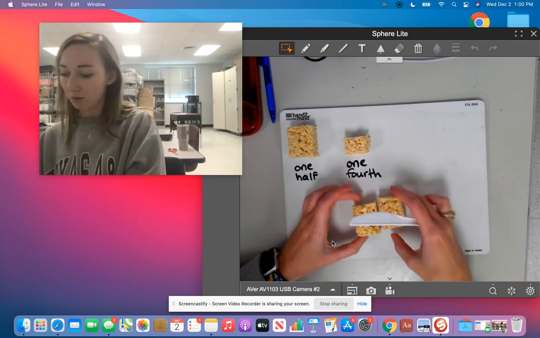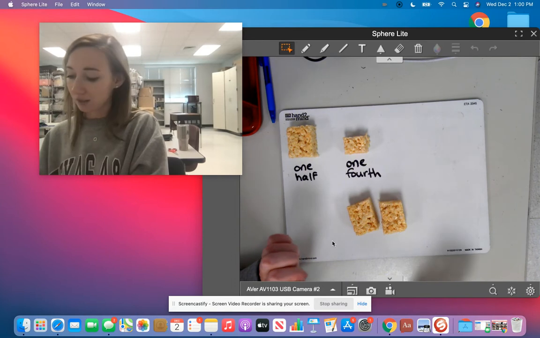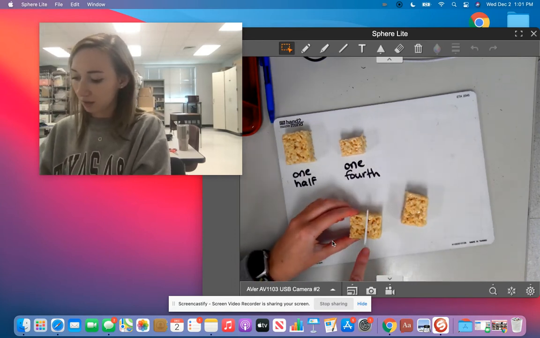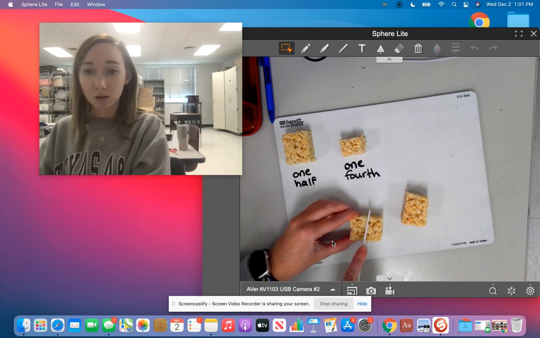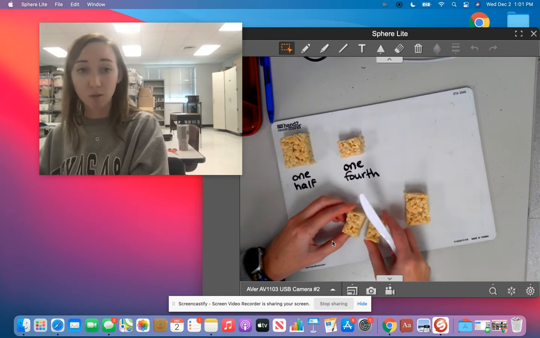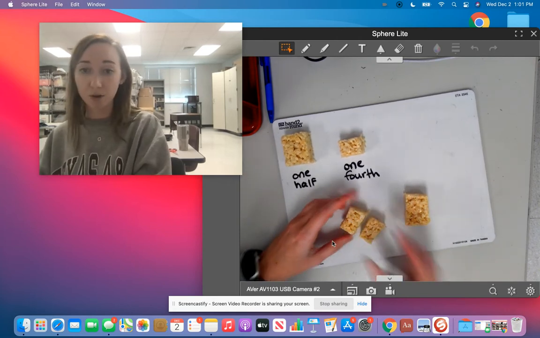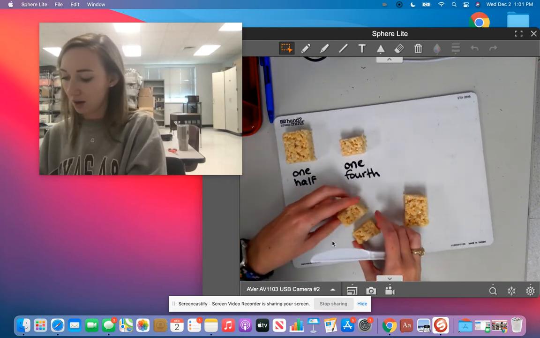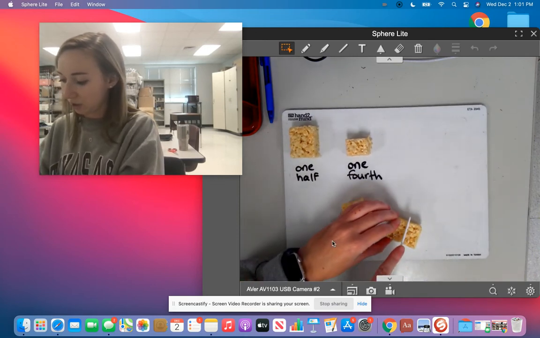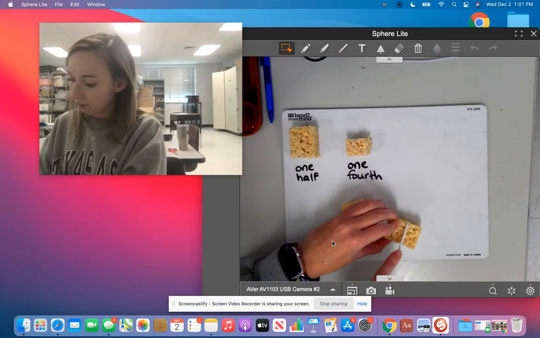So I've got 2 equal parts and I need to make more cuts, don't I? So I'm going to cut this one into 2 equal parts as best as I can. Miss Sigler is not a robot, so it might not be perfect, but that's as close as I can get right now. I do not have a laser cutter for Rice Krispie treats.